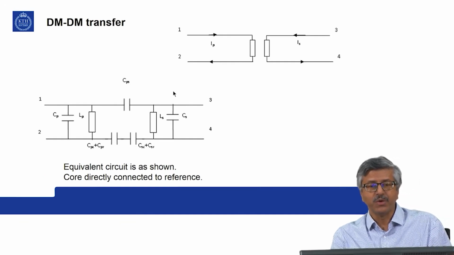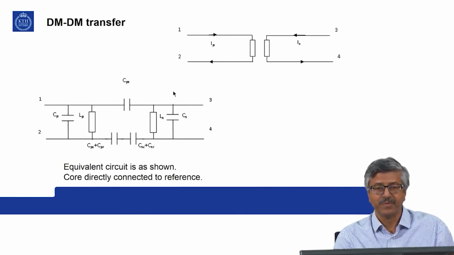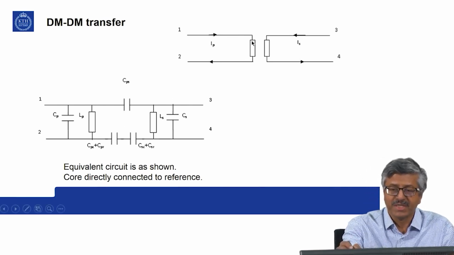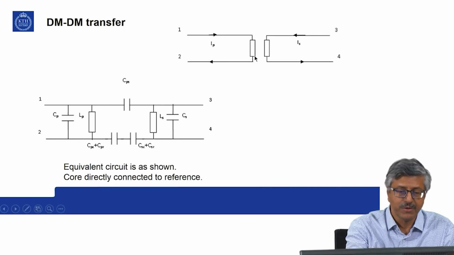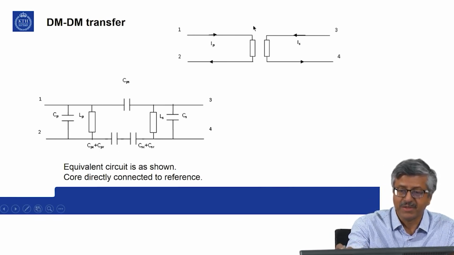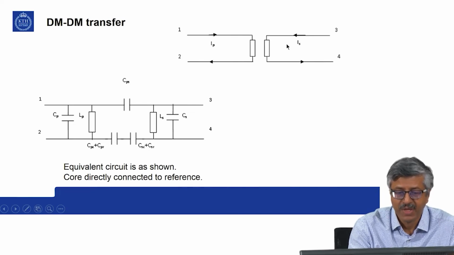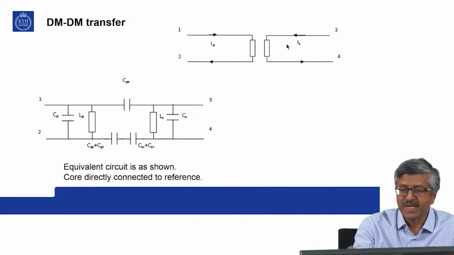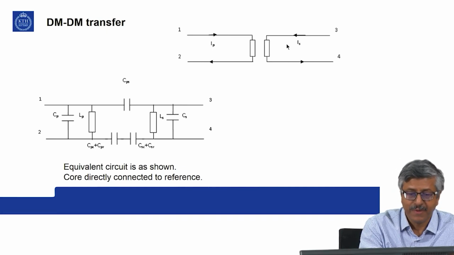Now, differential mode to differential mode transfer. There you have to consider this winding also, CPS, the primary to secondary capacitance. Now, the core is directly connected to the reference.